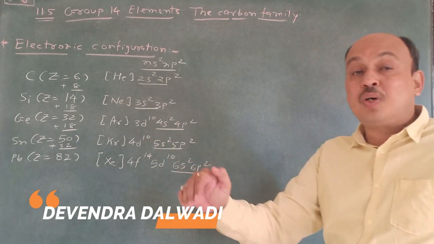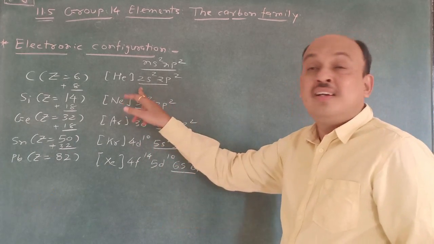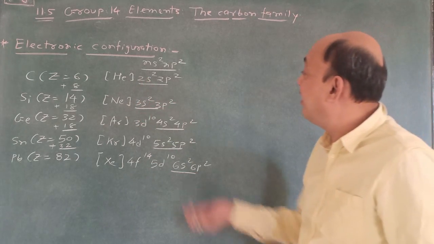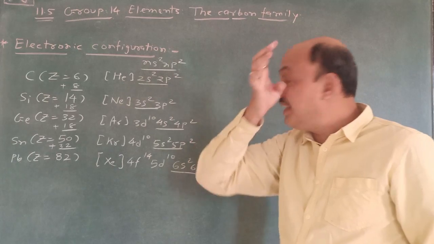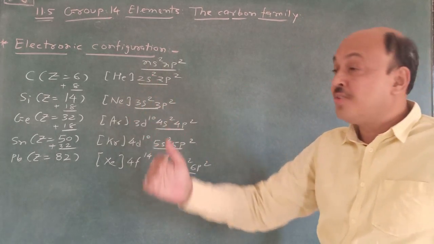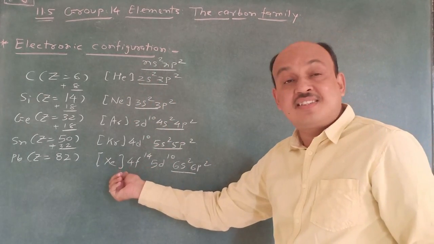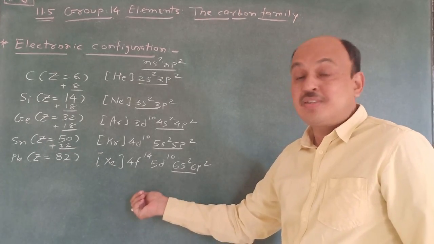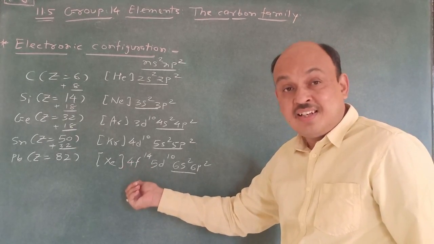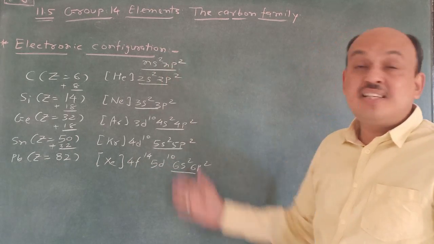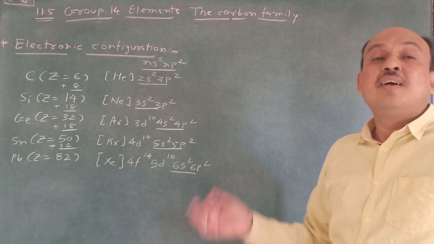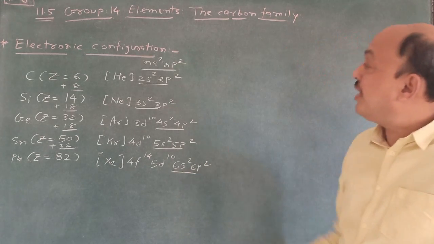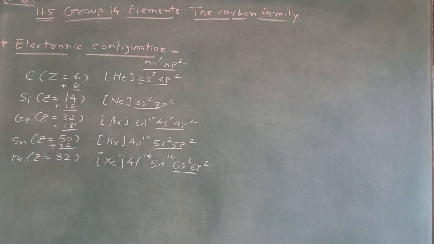They are attracted towards the nucleus, and here strong screening effect occurs, and due to that they are repelled from the nucleus. So effective nuclear charge increases in heavier elements, and you have to observe these things in different trends, like covalent radius and ionization enthalpy. So just write down this electronic configuration.